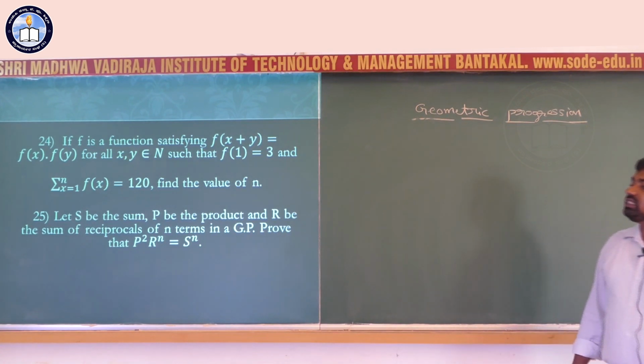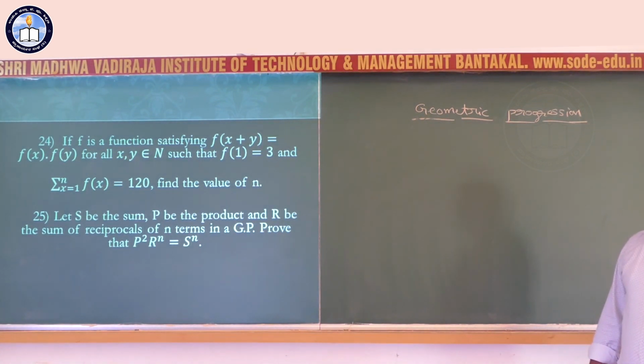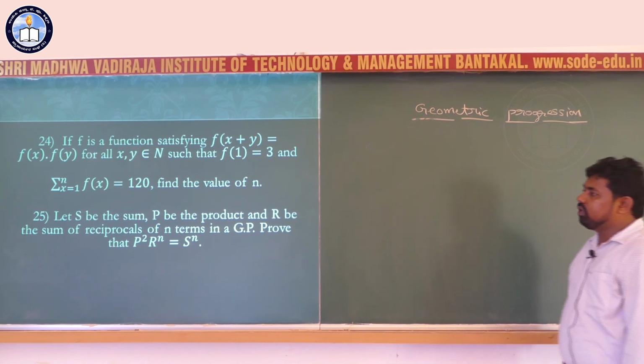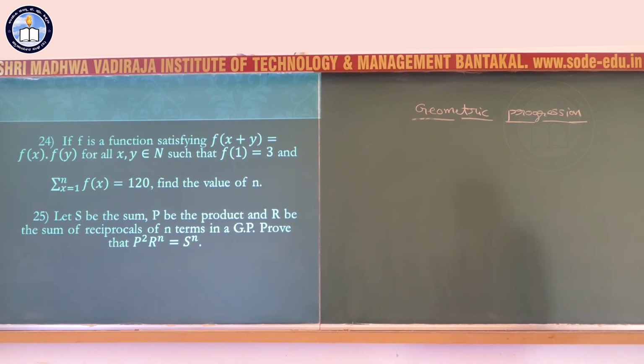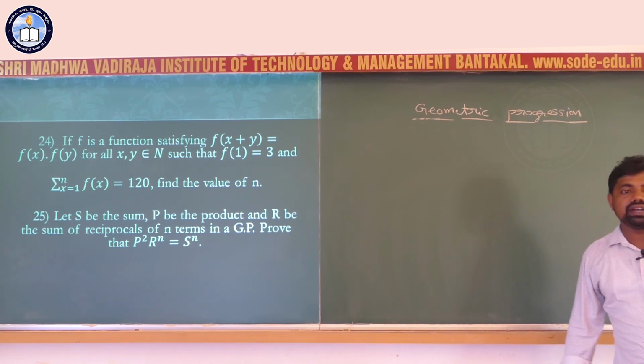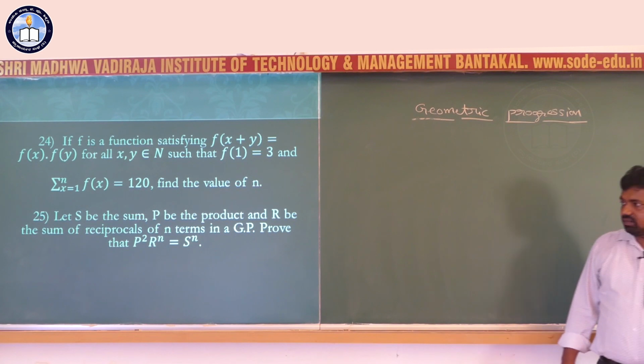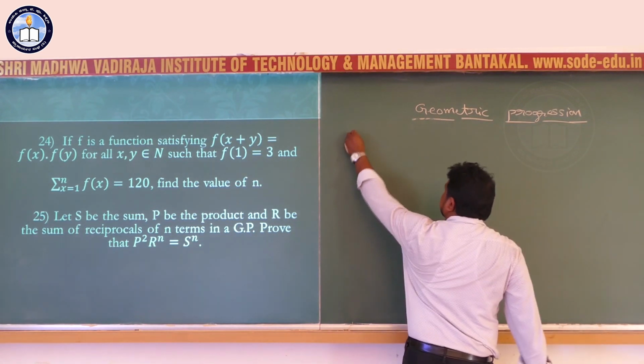Let S be the sum, P be the product, R be the sum of reciprocals of n terms of a GP. Prove that P square into R power n equal to S power n. I take first term of the geometric progression as A and the common ratio as r.